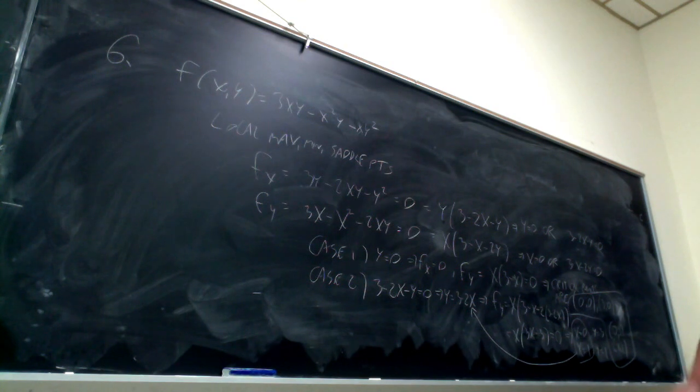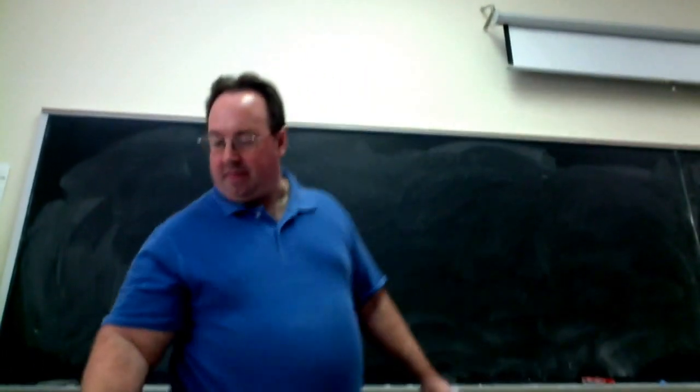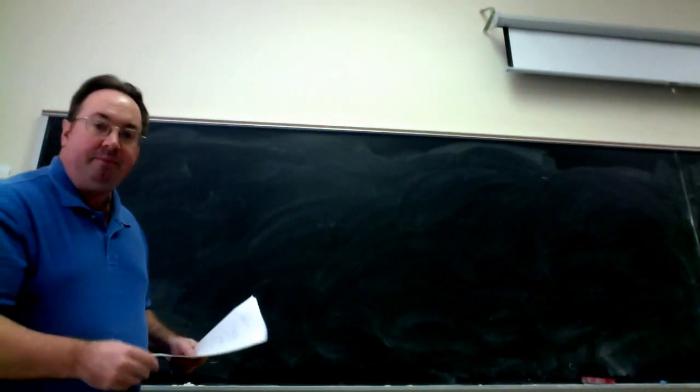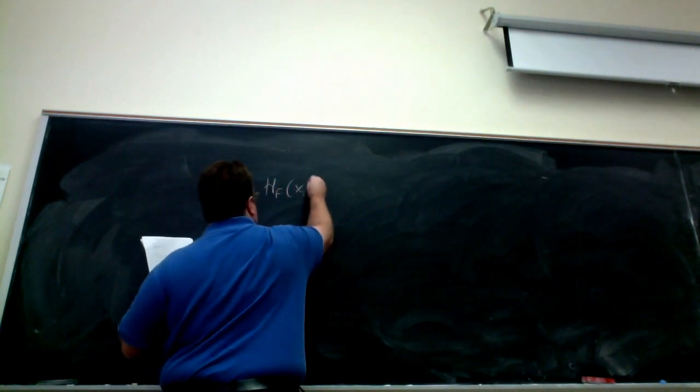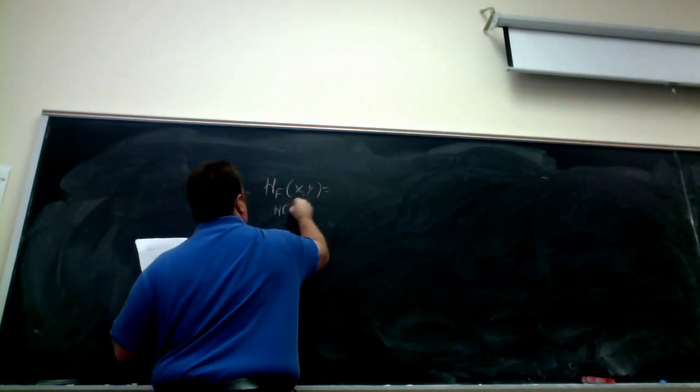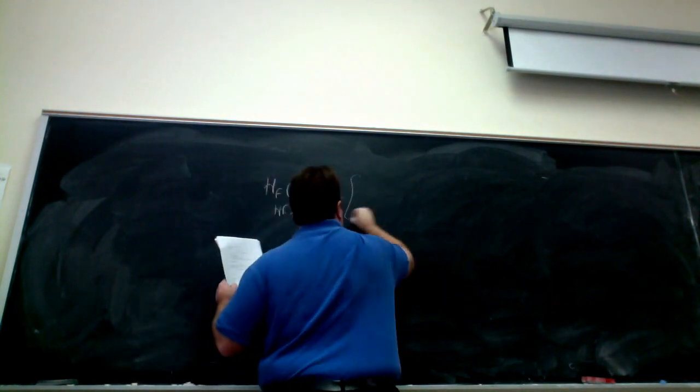Now, what's left is to classify each of these critical points as local max, local min, saddle point, or inconclusive. And for that, we need the second partial derivatives. The Hessian is a collection of all the second partial derivatives.